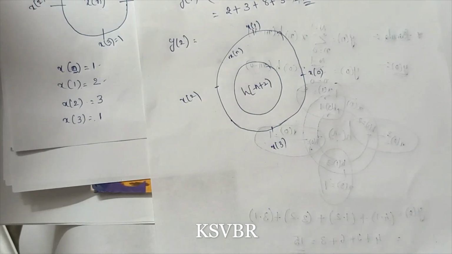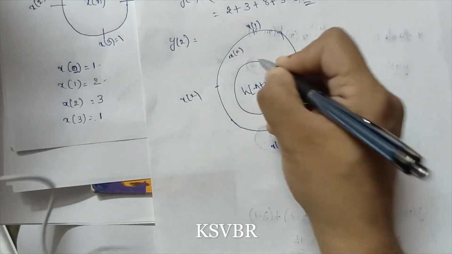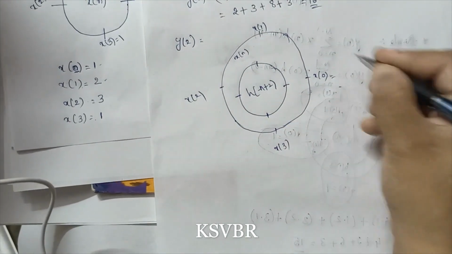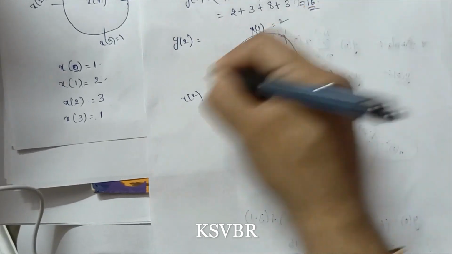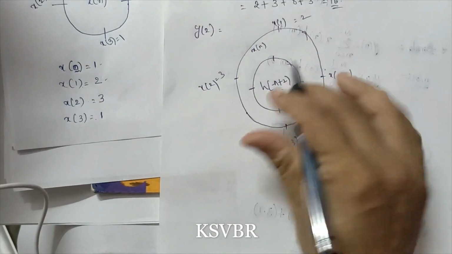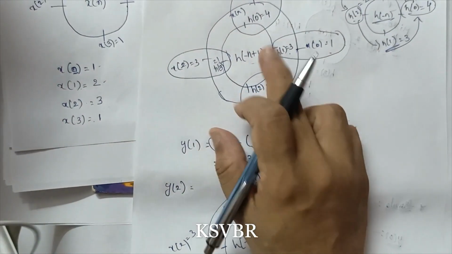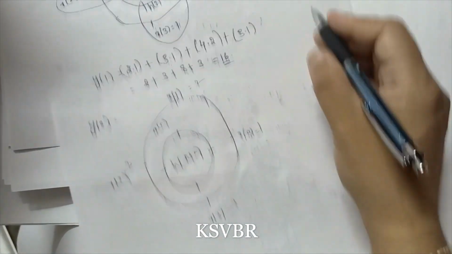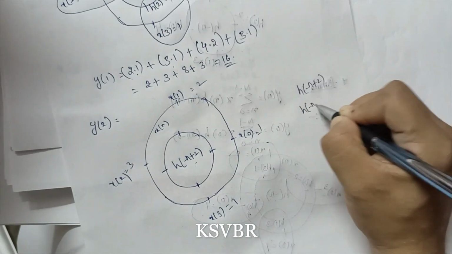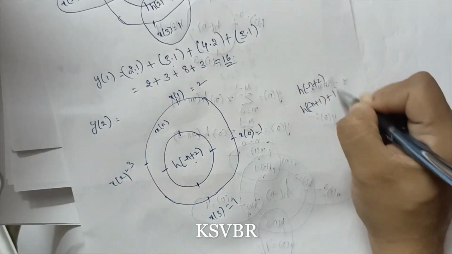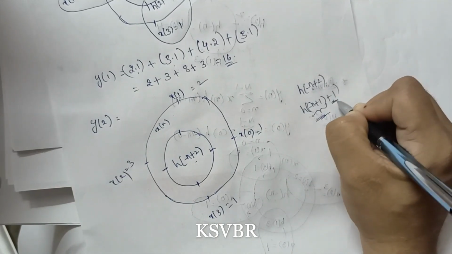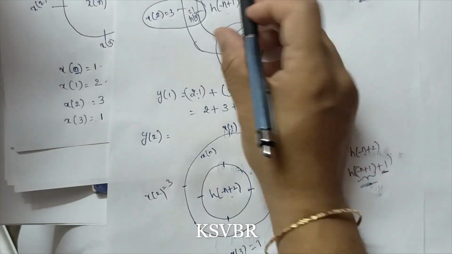So h of minus n plus 2. So here x of 0, 1, 2, 3 and 1. H of minus n plus 2 is nothing but rotation of h of minus n. See here, h of minus n plus 2 can be written as h of minus n plus 1 plus 1. That means we have to shift h of minus n plus 1 by 1 time in anti-clockwise direction.